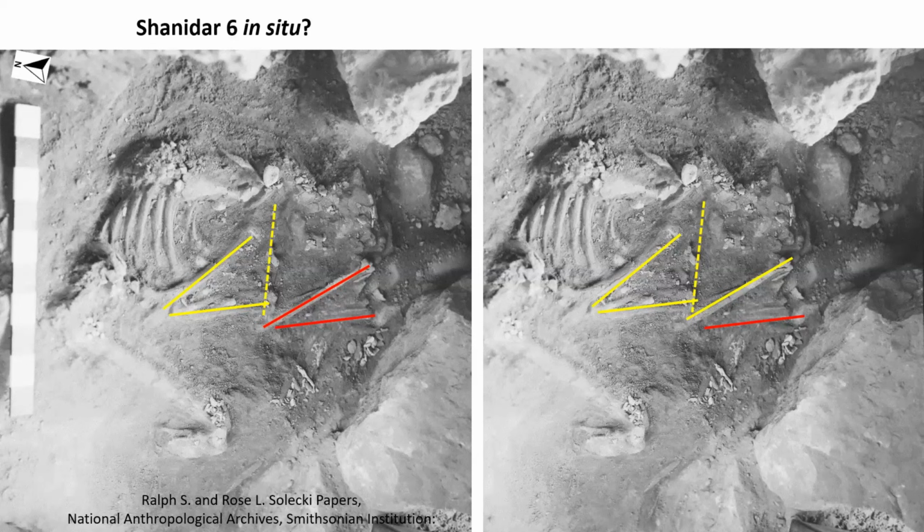However, if you look closely at these photographs, the pattern is not what's been reported. So we've got the right arm here, we've got the left humerus here. This bone is actually quite clearly the ulna, the left ulna of Shanidar 4.